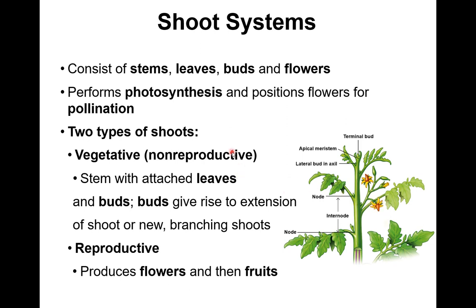Now, what is the function of them? Well, there are two main functions. One is photosynthesis. Being above ground, being exposed to the light, the shoot system has the function of absorbing the light and therefore producing the food necessary for the plant to grow and stay alive. And the second is reproduction.